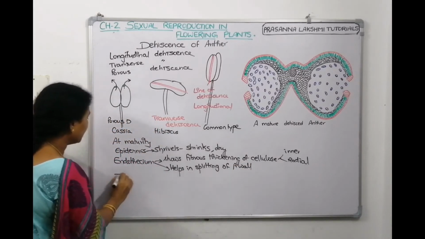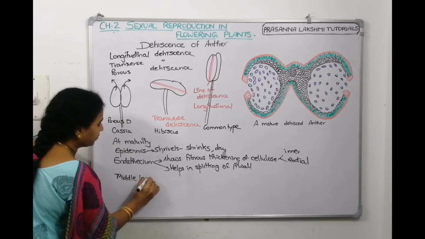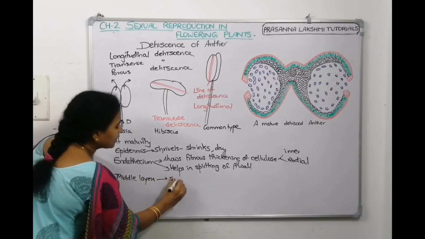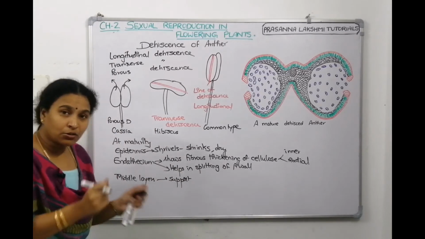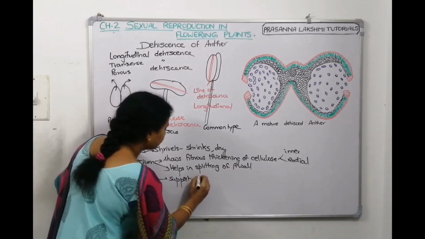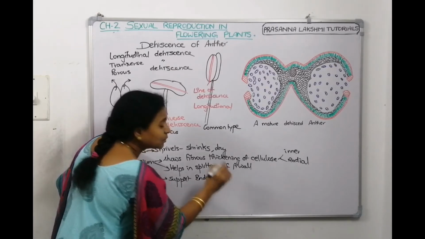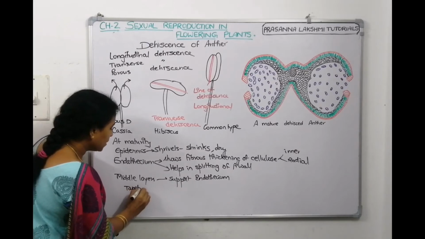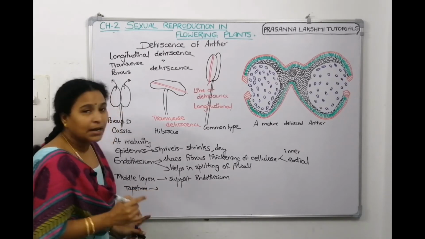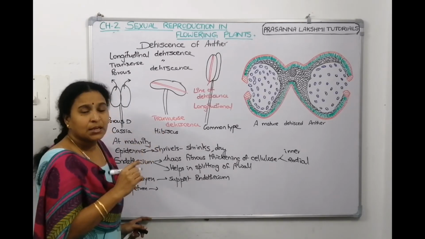What happens to the middle layers? The third layer is the middle layers. The middle layers support the endothecium to split. They help in splitting. Now, what happens to the tapetum? We told the tapetum, the inner layer, is a nutritive tissue nourishing the spore mother cells.